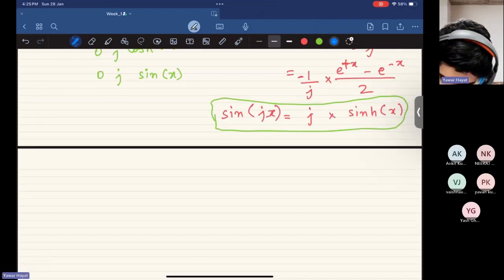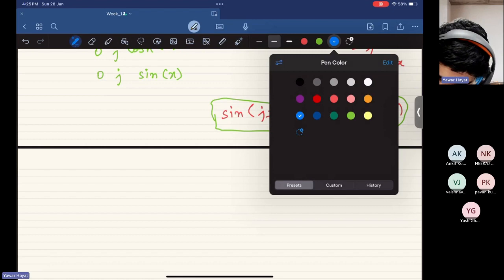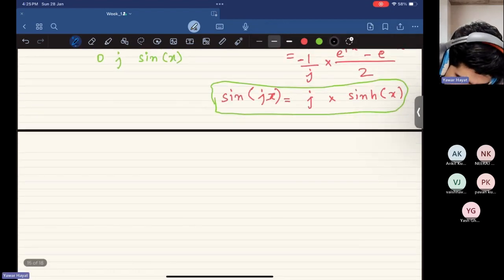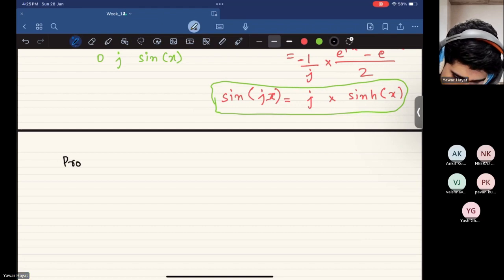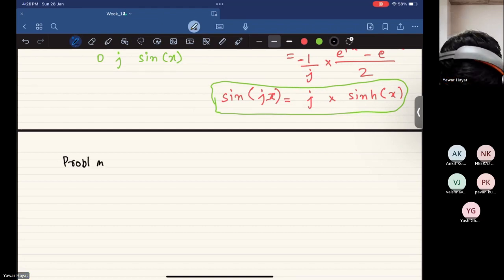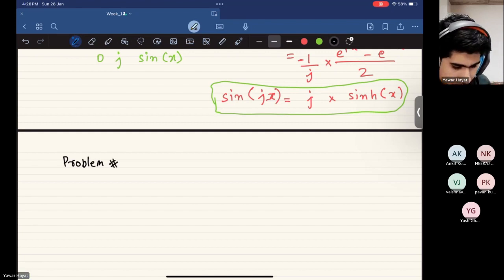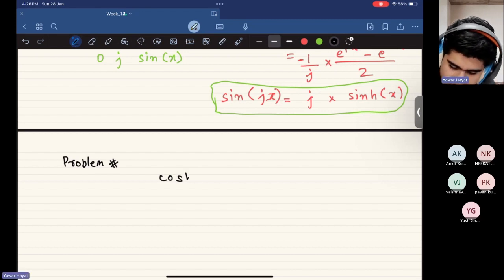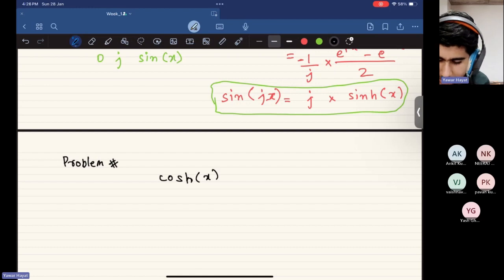Okay, the other problem that I want you all to try for a minute and then I'll solve it is this one. What is the value of cos hyperbolic of x?